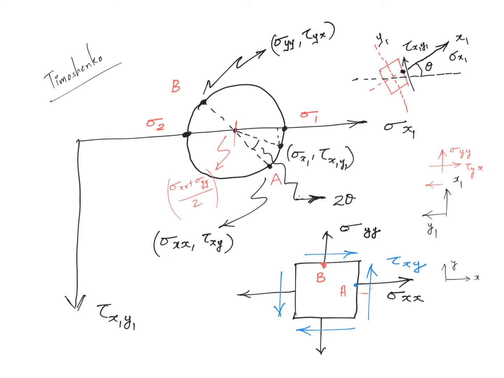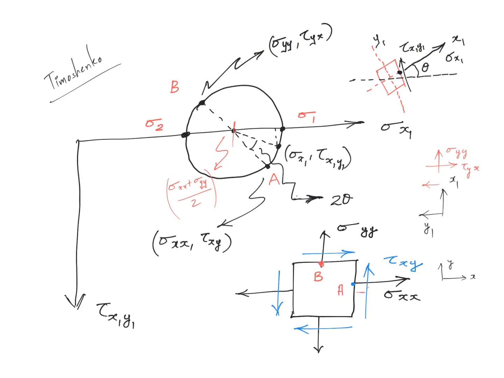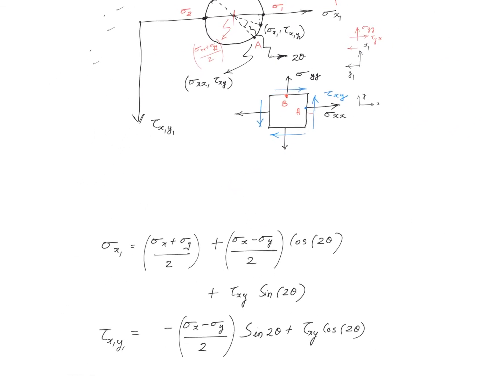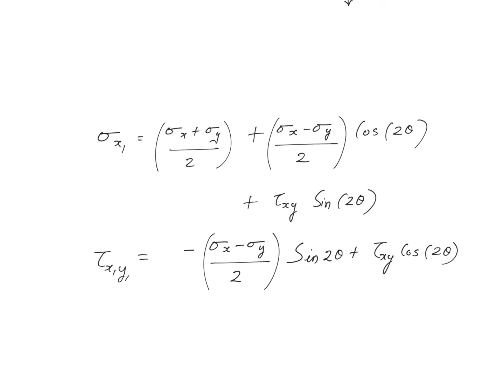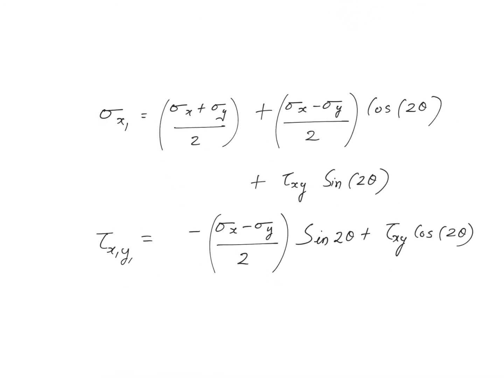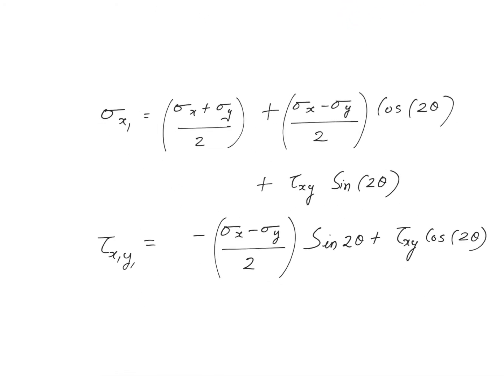So these are the few things which you need to keep in mind when you work with Mohr circle. And the equation that governs the Mohr circle is these two expressions. I wouldn't ask you to memorize these two equations because that's not the way it should be done. Just remember how it is drawn and all those things.